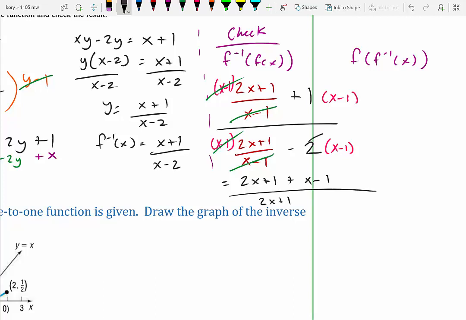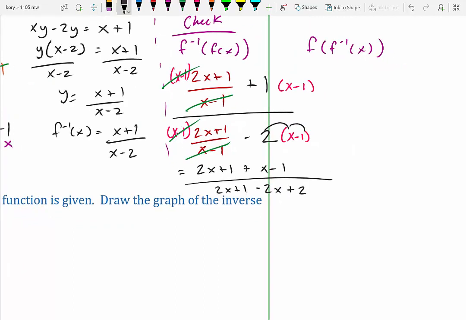We're going to distribute the negative 2, so we have negative 2x plus 2. We combine like terms on top, which is 3x. We combine like terms on the bottom, it's 3. Those 3's cancel out. We're left with x.